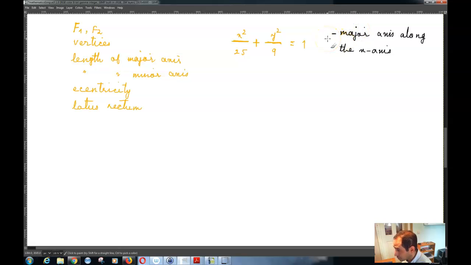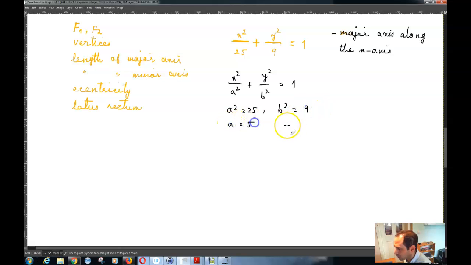Also, when we derived the equation of the ellipse, we said that it was x squared by a squared plus y squared by b squared is equal to 1. Now you can see that a squared is equal to 25 and b squared is equal to 9.